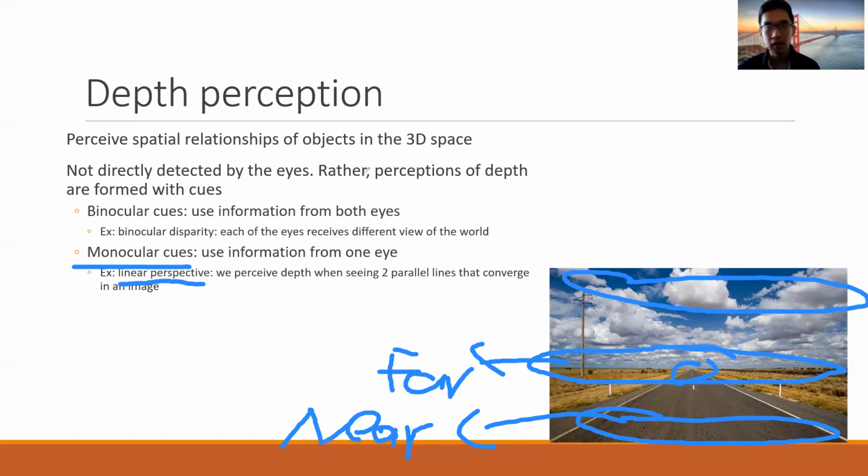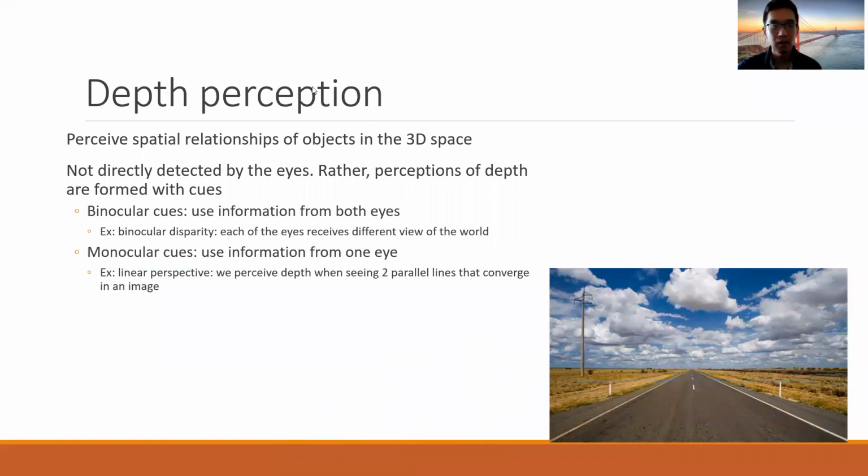So you can tell it relies on perception. If you never see a road, for example, you wouldn't know those are parallel lines, right? So it depends on the existing knowledge that you have. You can see that here's a road because your brain has a concept of roads. You know what a road is like.